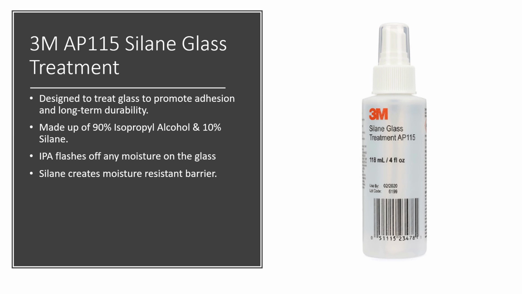By using AP115, it will clear out the moisture, which the isopropyl alcohol does, and then the 10% silane sits in the crevices of the glass, which will repel any water. This makes the glass surface hydrophobic, which is ideal for VHB tapes, double-coated tapes, and transfer adhesive tapes.